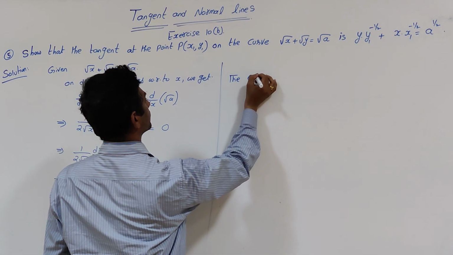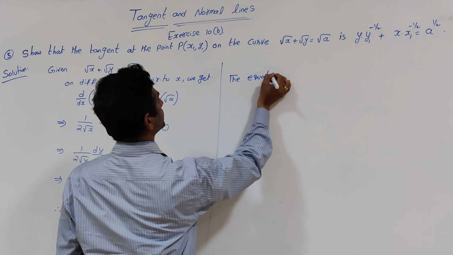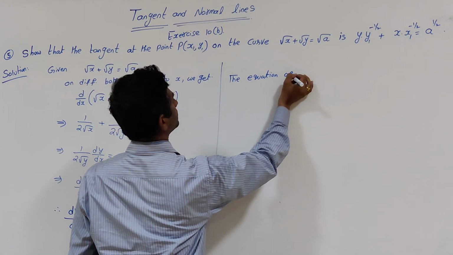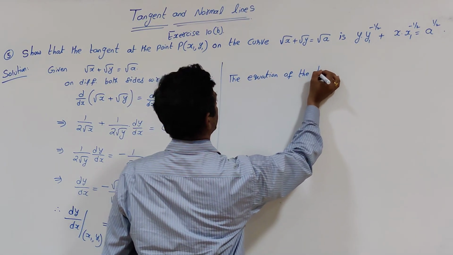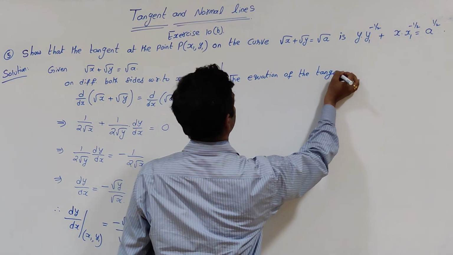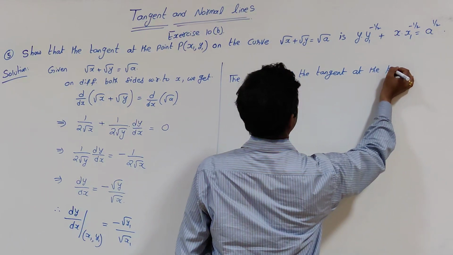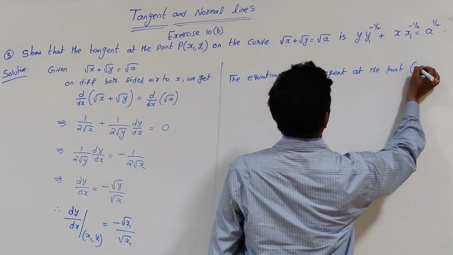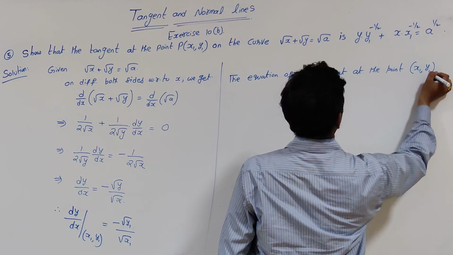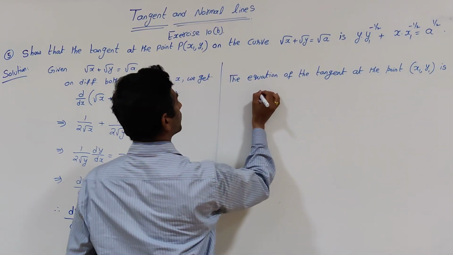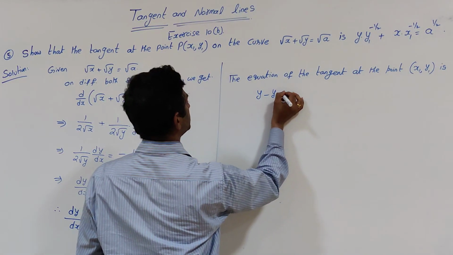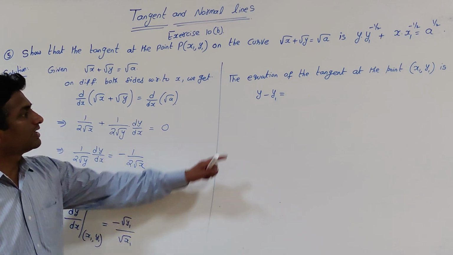Now, the equation of the tangent at the point x1 comma y1 is y minus y1 is equal to m times x minus x1. Here y1 means y1 only.